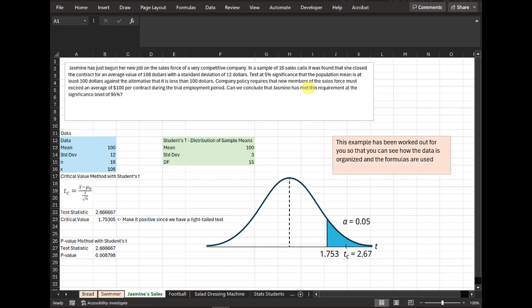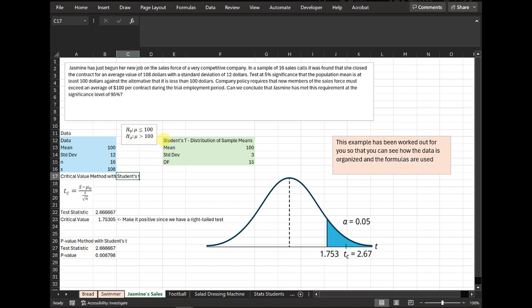So the first thing that you want to notice with this is our null hypothesis and our alternative hypothesis. I'll just note those here. They aren't in the spreadsheet, but this is always something that you want to have written off on the side.